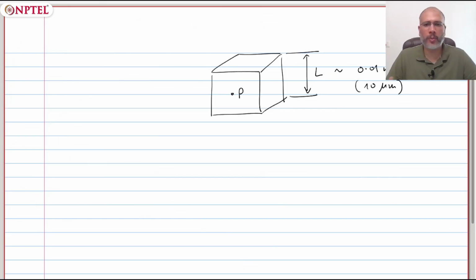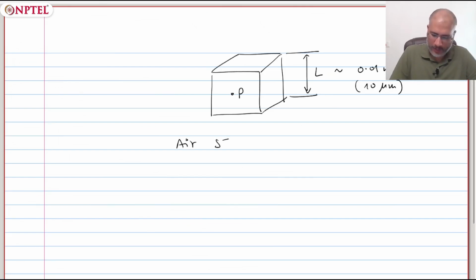So in this small volume, we will never go below this volume in terms of engineering applications or physics-based applications typically. But in this volume, for example, if you're talking about air at standard temperature and pressure, this air is going to have of the order of 10 to the power of 10 molecules in this small volume.